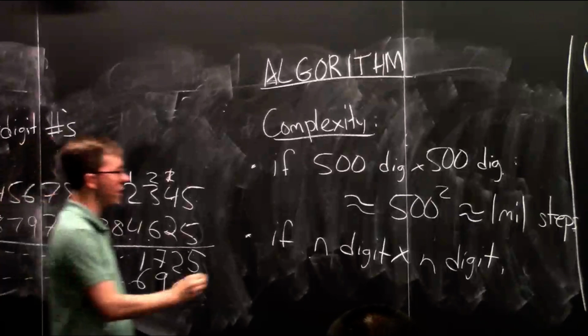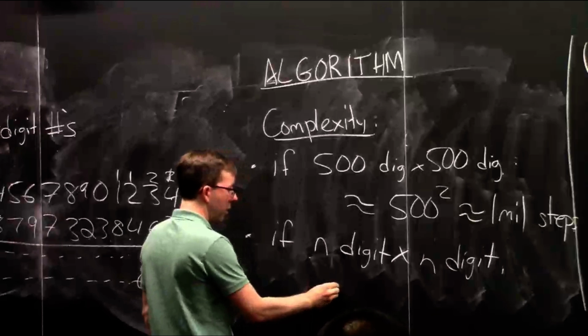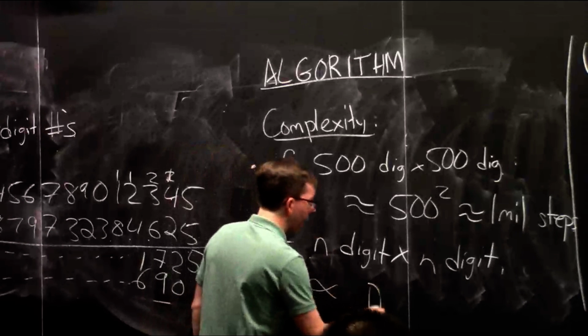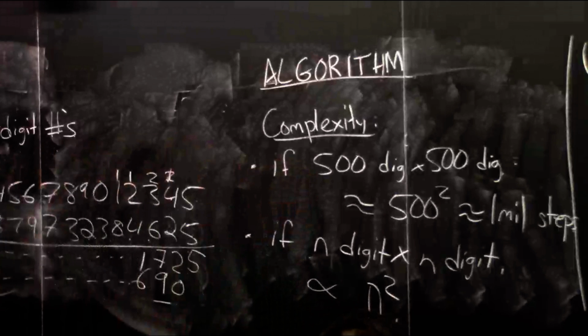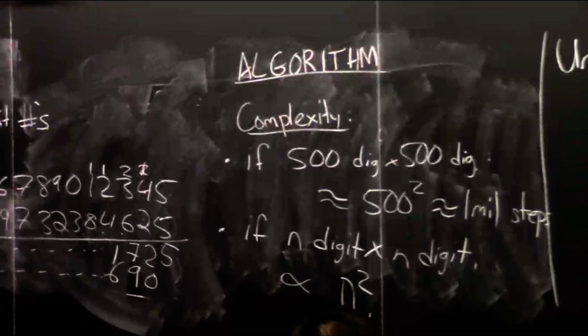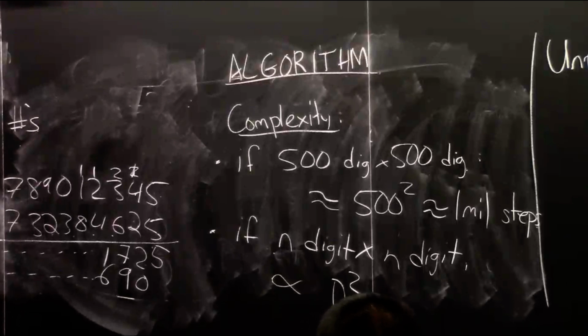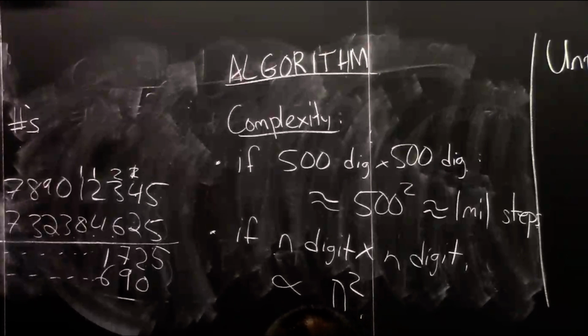And so the number of steps will be, to use physics symbols, proportional to n squared. For the theoretical computer scientists in the audience, we're not going to get super excited about exact counting here. This algorithm takes a number of steps which is roughly proportional to the square of the number of digits.